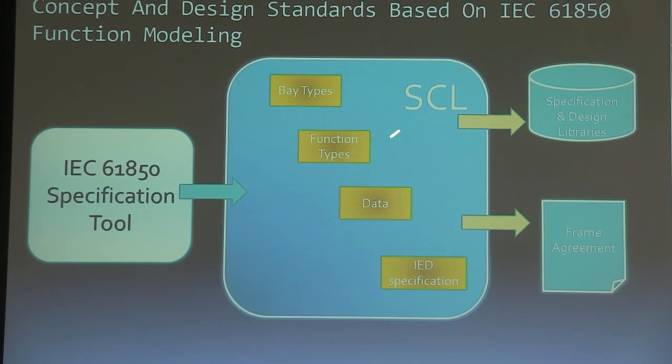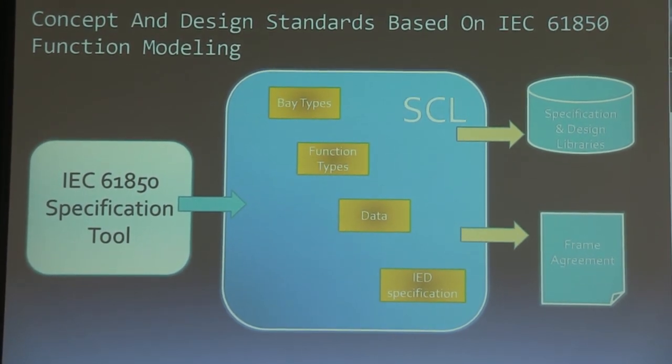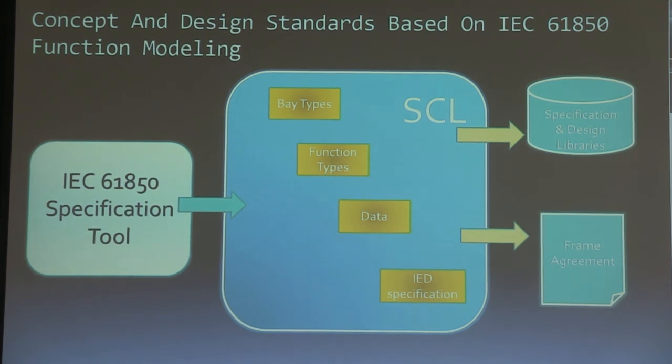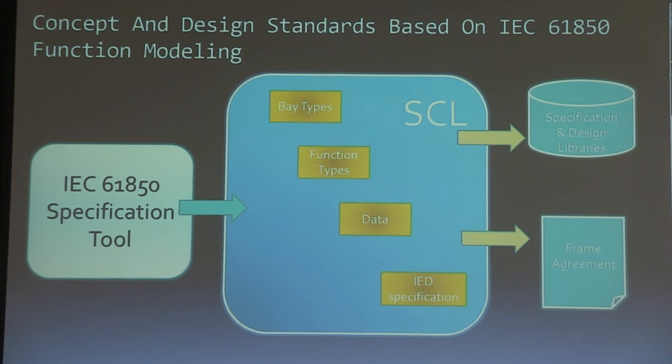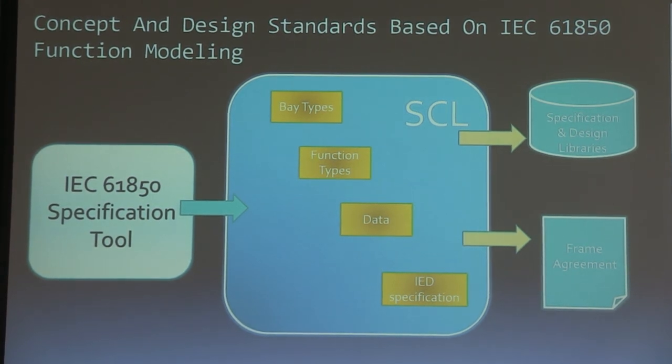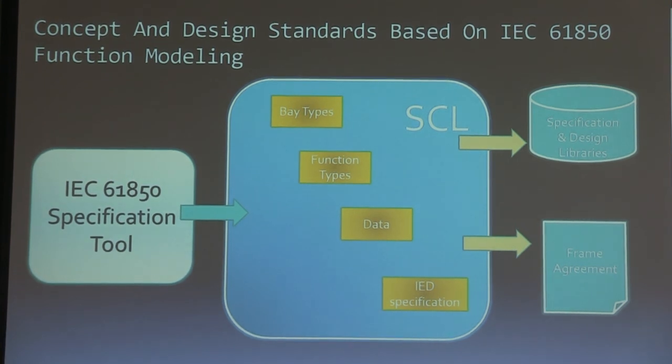These function types have, via the logical nodes, detailed references to all the data. So we have all the 61850 naming, the object names, also information like the functional constraints and what can be sent in communication and what not.